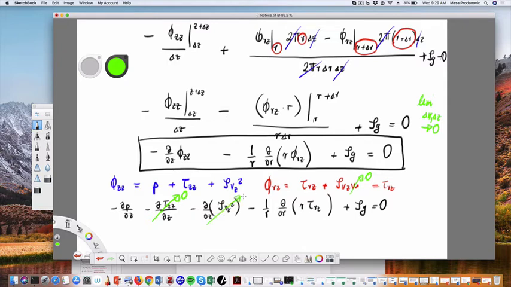Same story here. vz is vz of r, and that's going to kill both of these terms. So what I really have is this term and this term. And I'm going to clean it up a little: 1 over r d dr of r tau rz is equal to minus dp dz plus rho g. Everybody please check my pluses and minuses here.